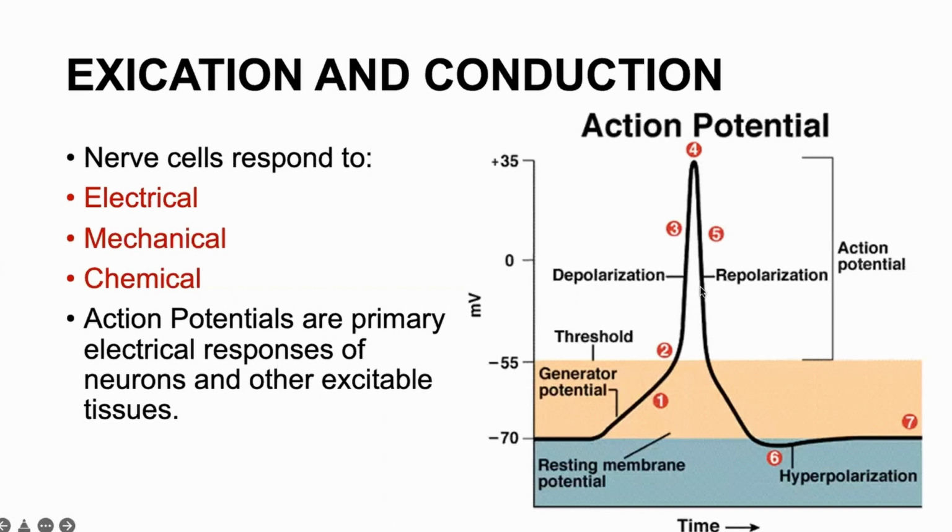This is when the potassium now starts leaving the cell, because you need a balance. Remember, you already have a lot of potassium within the cell, and then you're going to bring in a heap of sodium to create this chaos. The potassium will have to leave slowly in order to repolarize and get back to that resting state. And how it does that is by the sodium-potassium ATPase pump. This is basically an electrical activity.